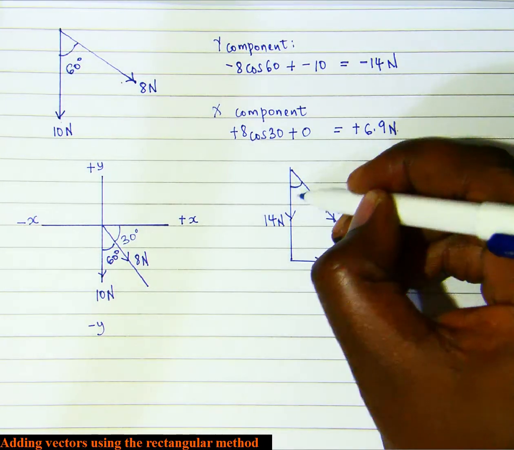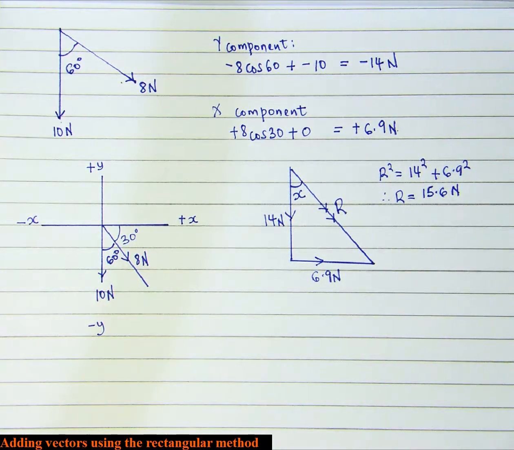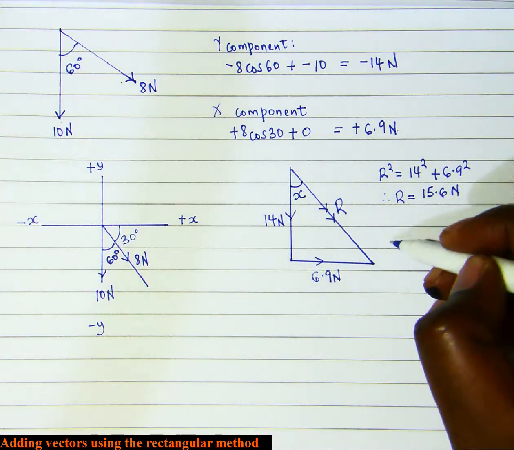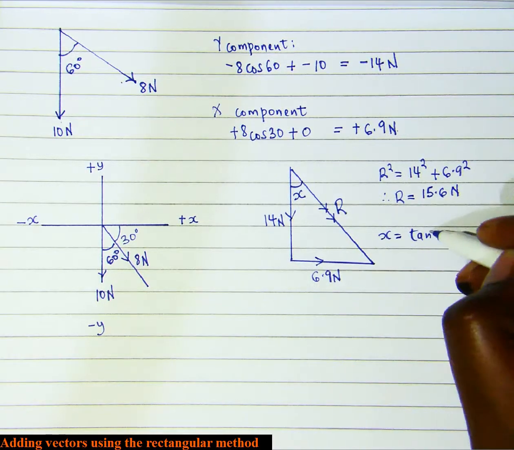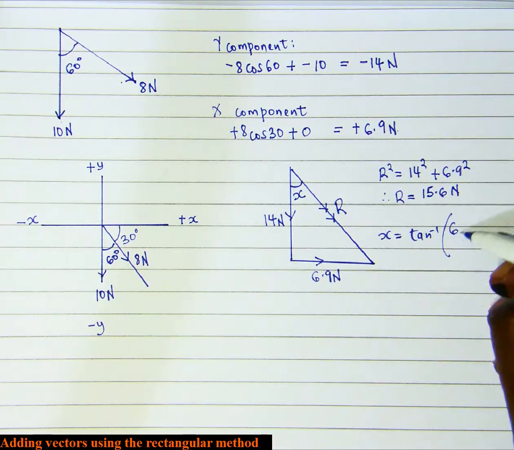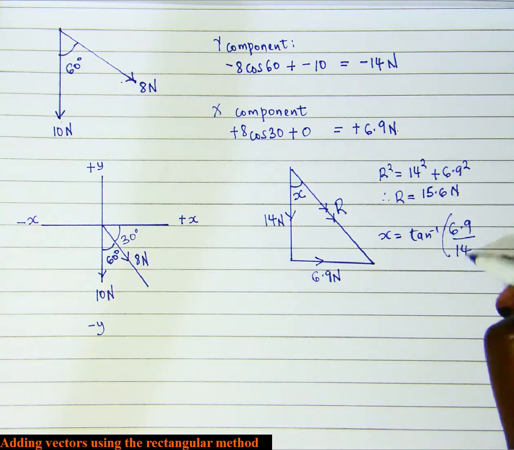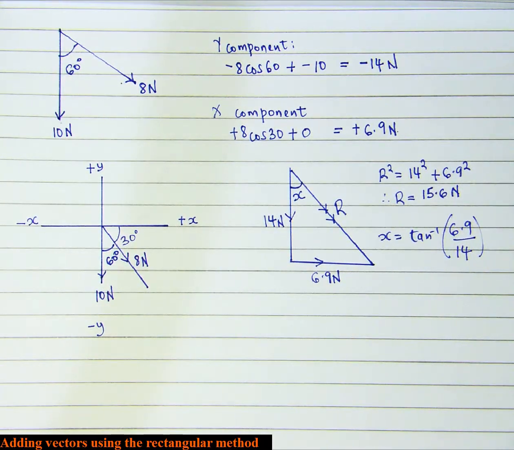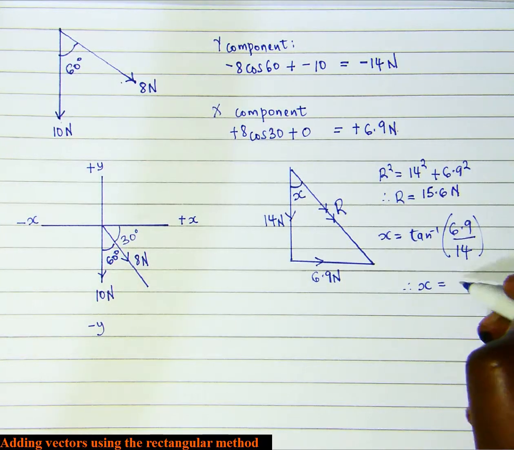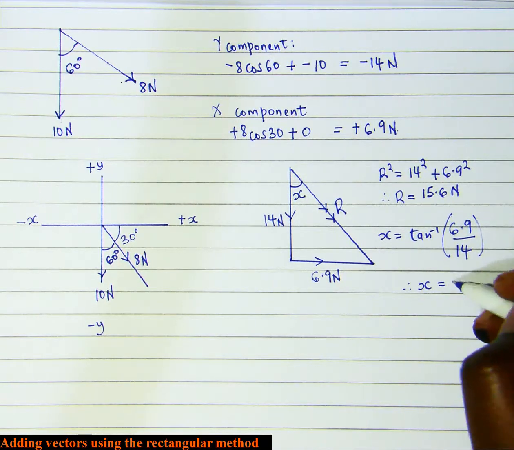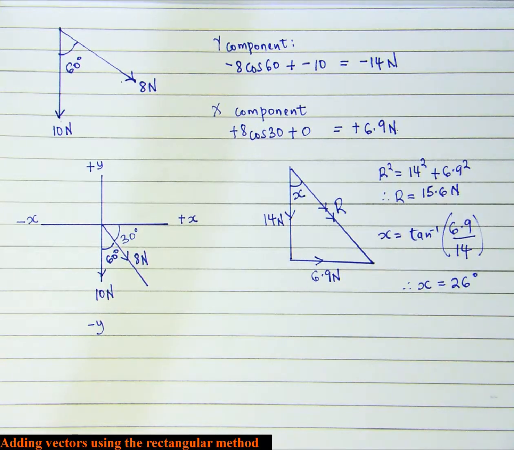If we took that angle there as our angle x, x will equal the arctan of 6.9 over 14. Therefore, angle x is 26 degrees.